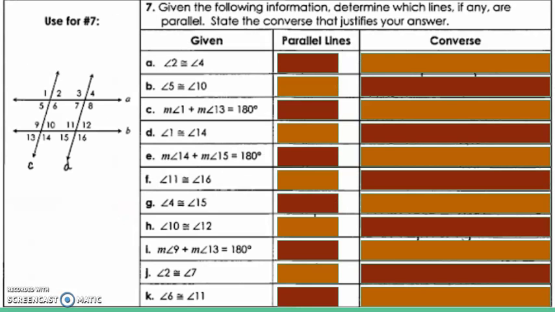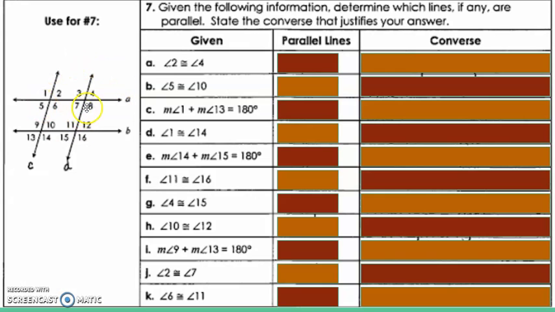Looking at some more examples, we're going to use the picture on the left for all of them. It's asking which lines would be parallel and what our converse is if we say that they are parallel. If we start with angle 2 and angle 4, we see that line A is used and line C and line D. 2 and 4 don't have anything to do with B, so we can basically just cover that part up.